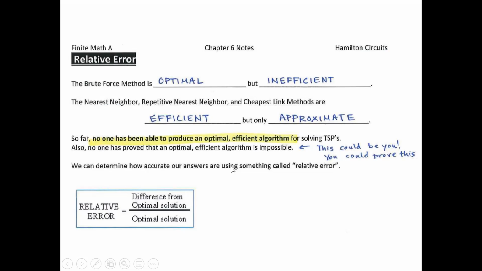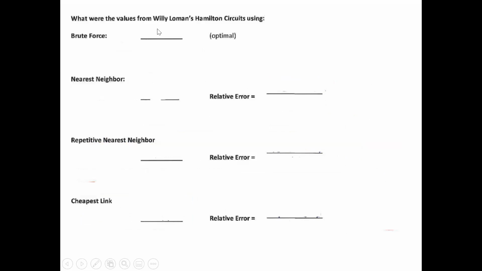We can determine how accurate our answers are by using something called relative error, where the formula is the difference from the optimal solution divided by the actual optimal solution. Looking at this from the perspective of the Hamilton circuit, the brute force method essentially has 673 actual circuits, including the mirror.